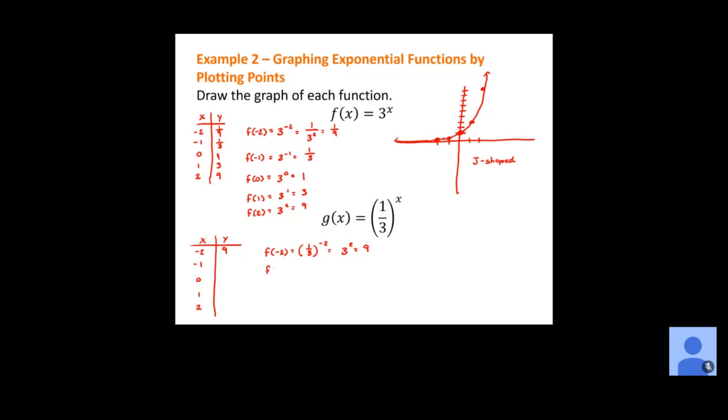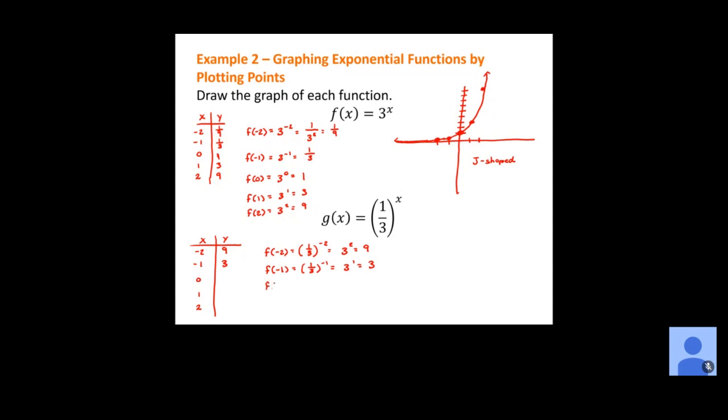Let's do f of -1. Again, that's going to be 1/3 to the -1. Use that same property, right? We flip the fraction, make that a positive exponent. So this just becomes 3 to the first, which is just what? Just 3. Good. Our value at -1 is going to be 3.